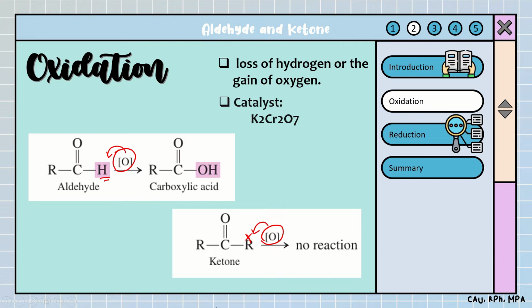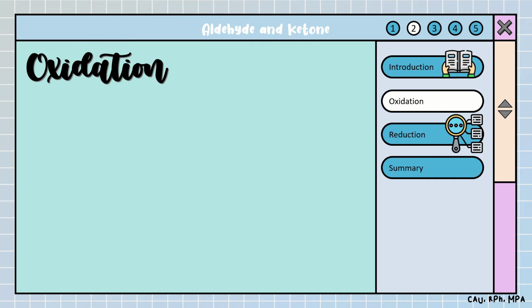Let's now have some exercise regarding the oxidation of aldehyde and ketone. For example, here we have pentanal. What will be our resulting product? For us to know the product of the oxidation of pentanal, let's first draw the pentanal structure. Pentanal is a 5-carbon hydrocarbon compound.